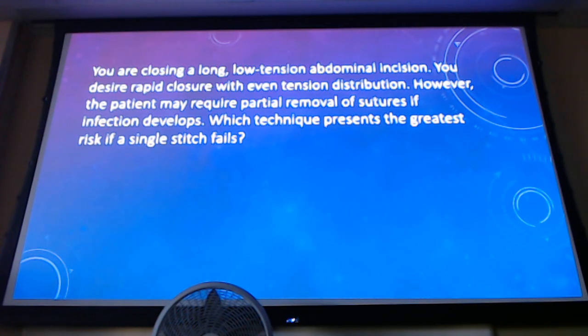Running. Alright. So for this patient, do we want to use a running if we think they're most likely going to get infected? No. So the greatest risk of a single stitch failing is running.